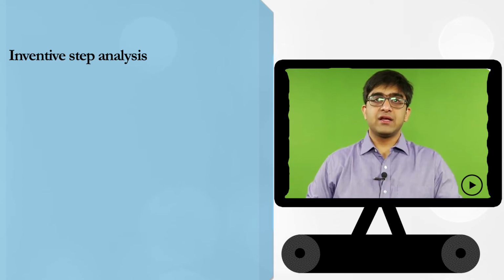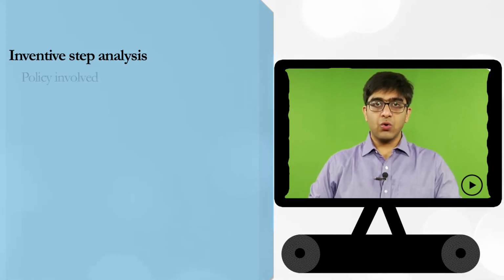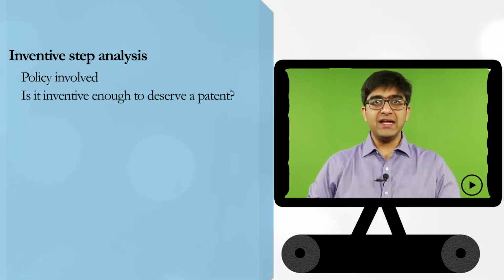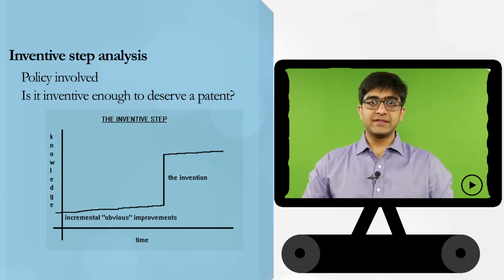Let us look at the policy consideration in an inventive step analysis. The court or the patent office, while considering the concept of an inventive step, basically considers whether a patented invention is inventive enough to deserve a patent. See, there are always some incremental obvious improvements that one can make to the existing knowledge, but such incremental obvious improvements are not worthy of a patent.